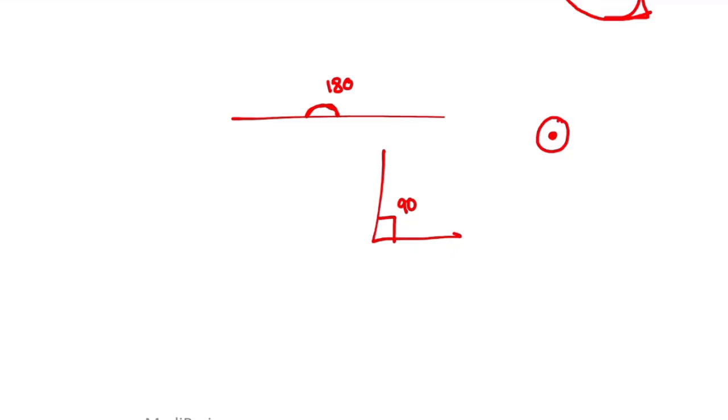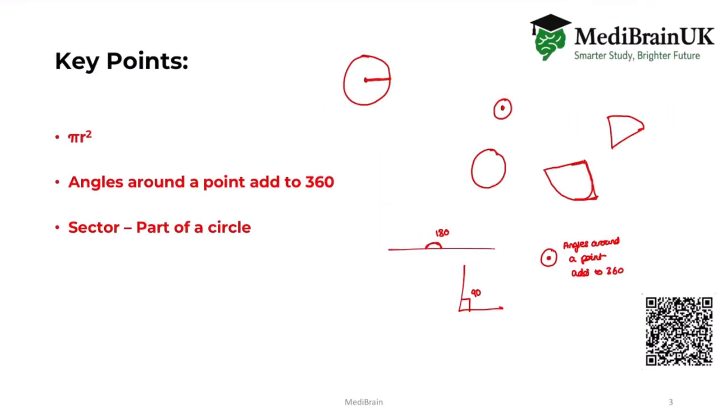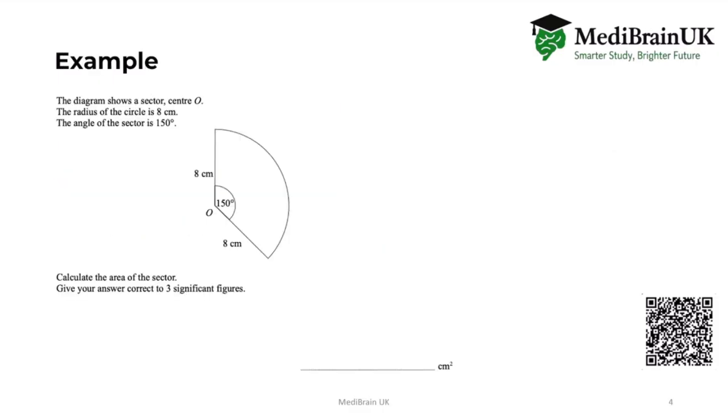That just means that angles around a point add to 360. So that just means around the center. If you had a dot, around that point the angles add up to 360. It'll make more sense when we look at this question over here.